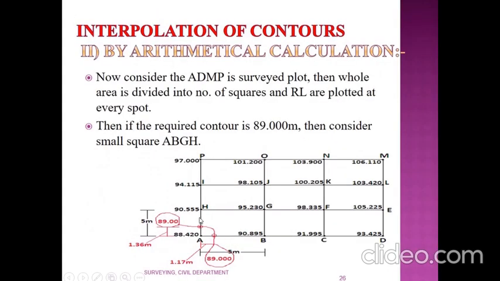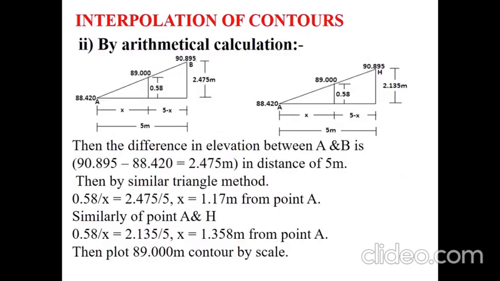Basically here the horizontal distance is 5 meter, and the elevations are 90.555 and 88.420. The horizontal distance is known, which is 5 meter, and the elevations are 90.895 and 88.420. Here we have to plot the 89 meter reduced level. So we consider the x distance from point A, and the remaining distance is 5 minus x.